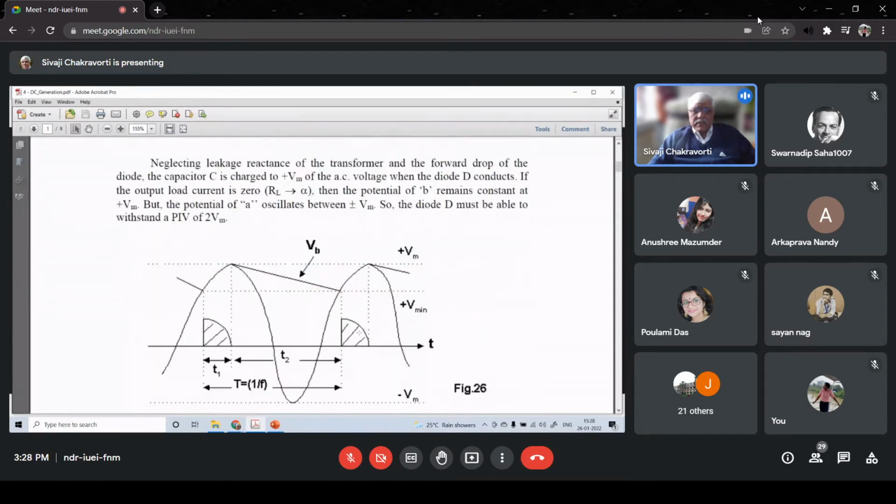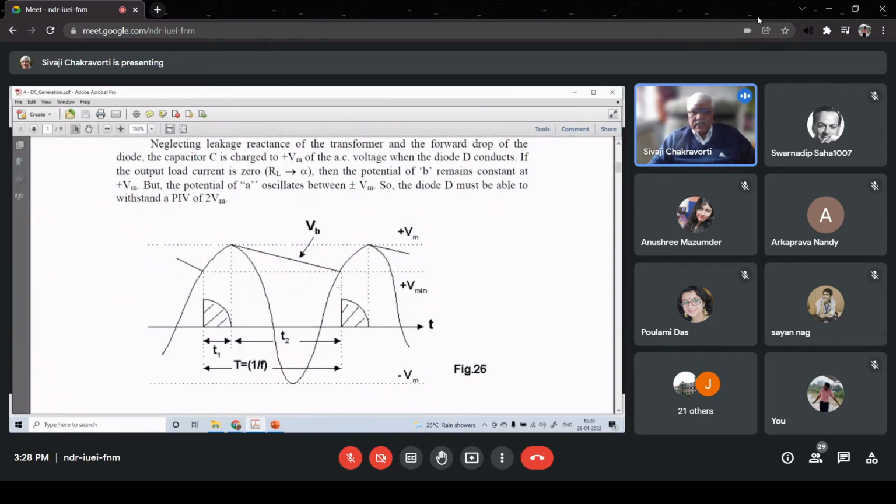As you can see here, when VA, the sinusoidal voltage, and VB, the voltage of the capacitor, are equal, after that the sinusoidal voltage is higher, so diode D is forward biased, and the capacitor again gets recharged. And recharged up to what? Of course, to the peak value of the sinusoidal voltage, Vm. And so every positive half cycle, this is going to happen.